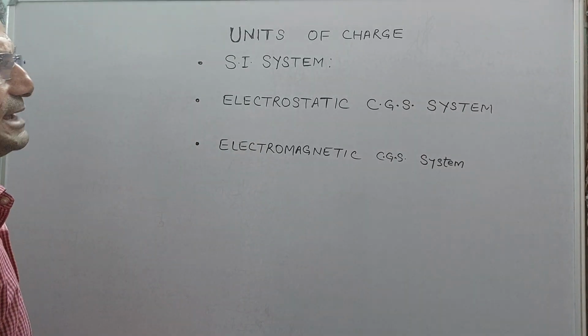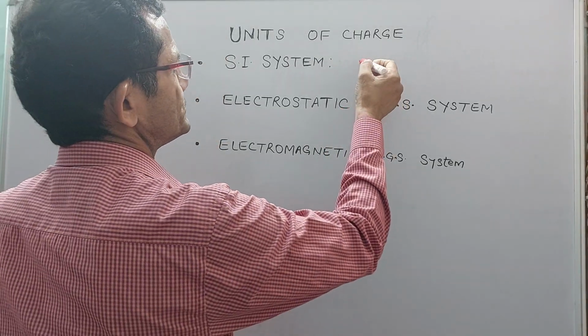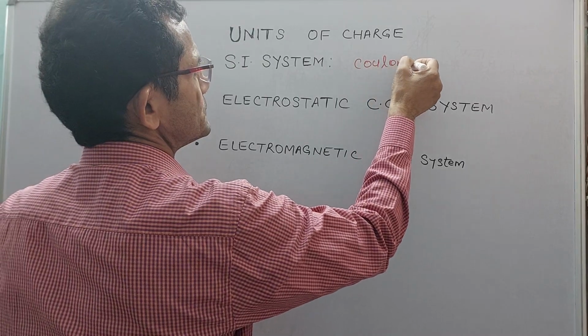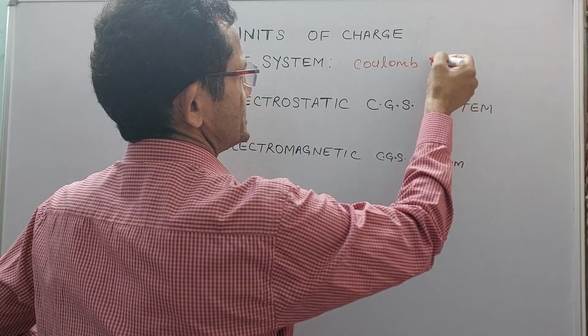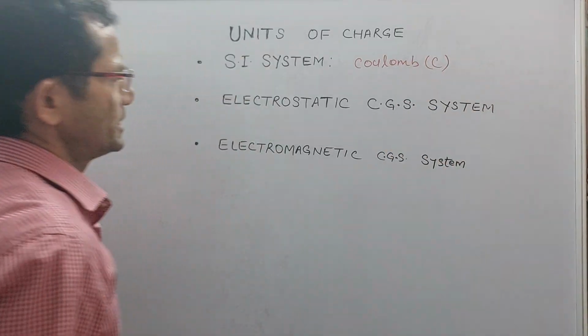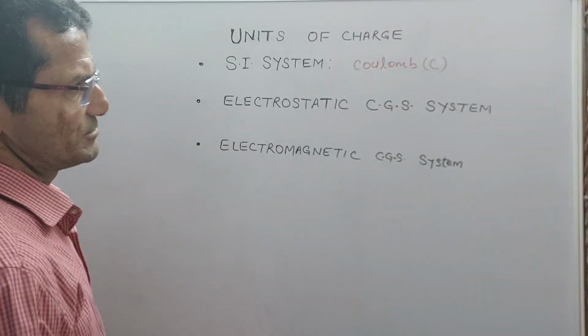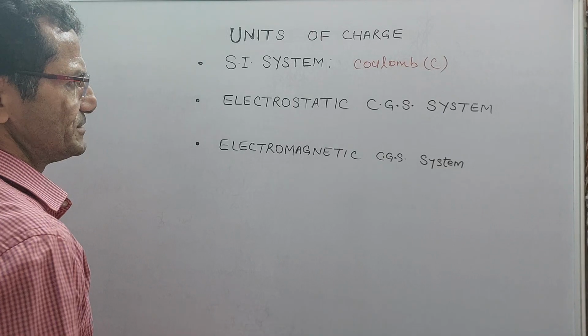We know that in the SI system, the unit of charge is coulomb. Coulomb is generally represented by the capital letter C. And the electrostatic CGS system is a smaller unit of charge.